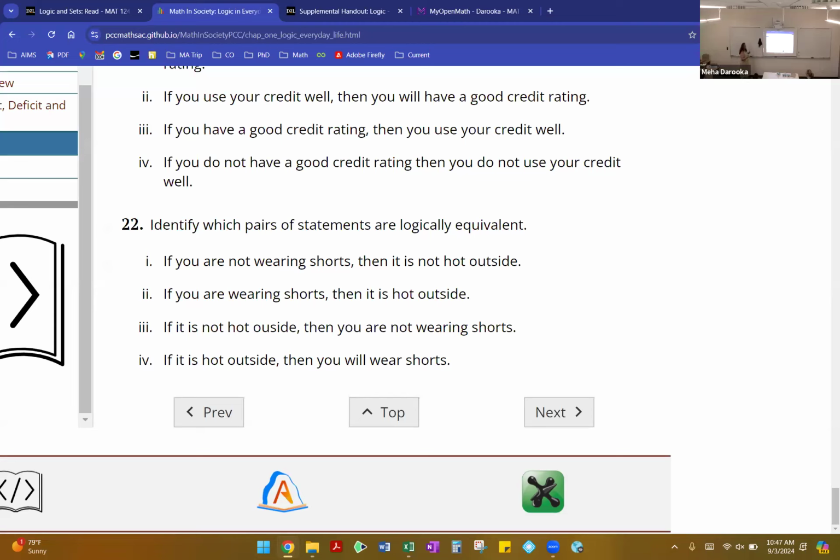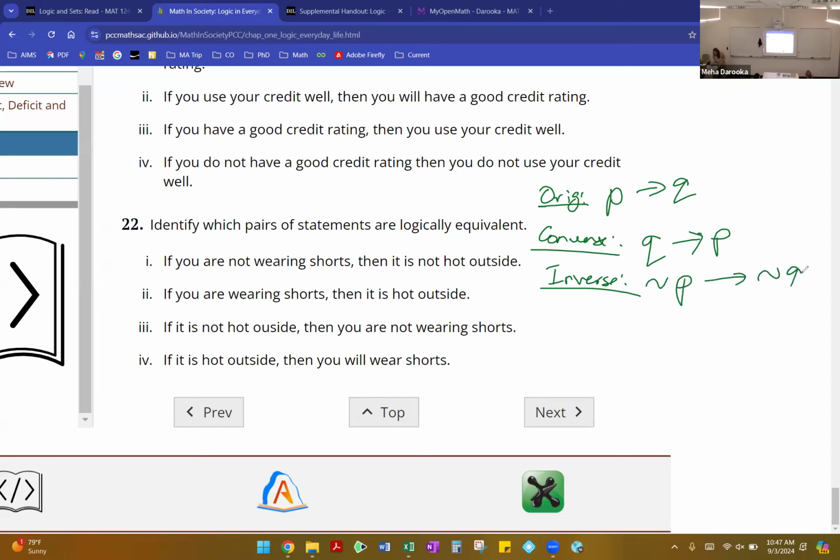We're talking about the original statement, so that would be P implies Q, the original conditional statement. Then your converse is where you switch the order. Inverse is where the order is the same, but you negate both halves.